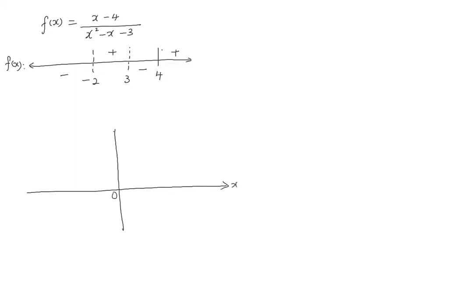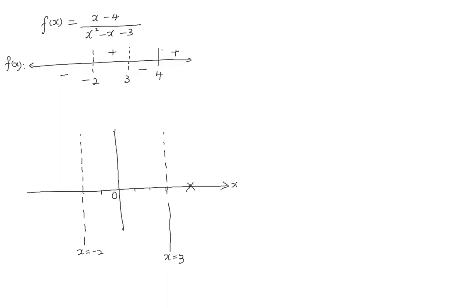So when I put it as a graph, I will mark down the vertical asymptote, another vertical asymptote, and my graph will pass through x equal to 4.